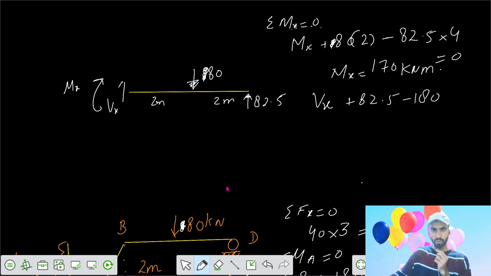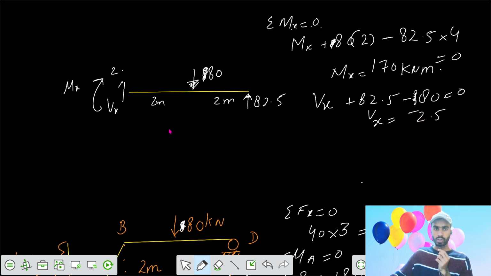This was your 80 kilonewton, and we can write that equals to 0. So your shear at x becomes minus 2.5 upwards, minus 2.5 downwards. We got negative.